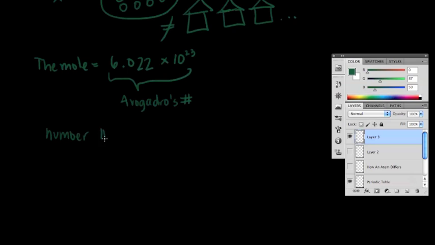I will use this word a lot, so I will write it down, representative particles, because it encompasses more topics than just being more specific. So it's defined as the number of representative particles in exactly 12 grams of pure carbon-12.